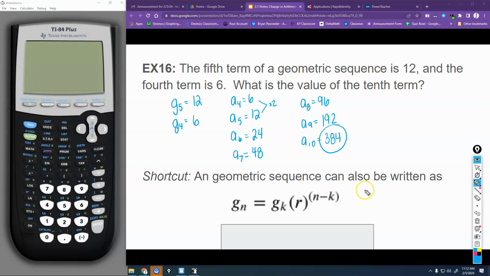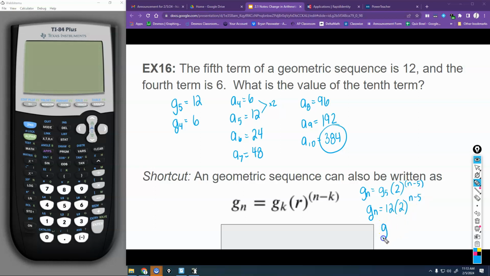If I'm looking for G sub n, I could use G sub 5 or G sub 4. Let's use G sub 5 because it was listed first. I could do G sub 5 times my common ratio, which is 2 here, to the n minus 5, which would be, G sub n would be 12 times 2 to the n minus 5.